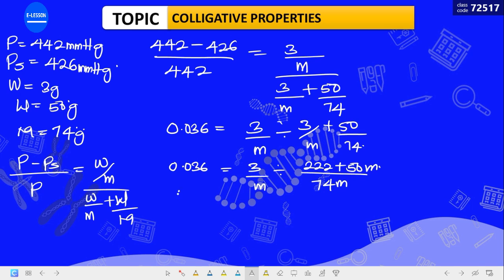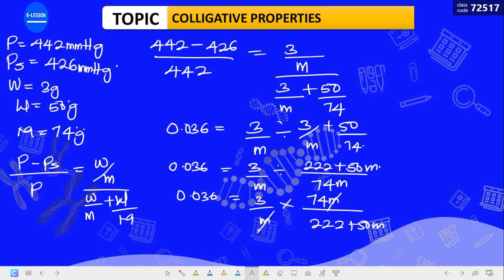So at the end of the day, this gives us 0.036 is equal to 3 over M times 74M over 222 plus 50M.